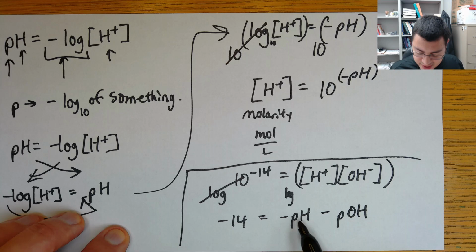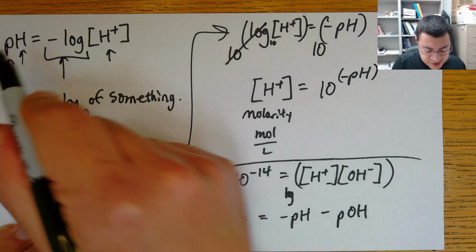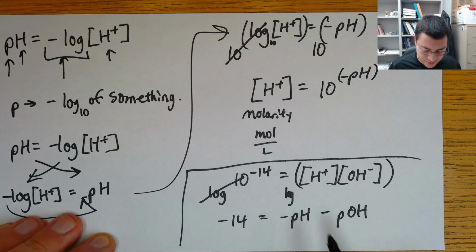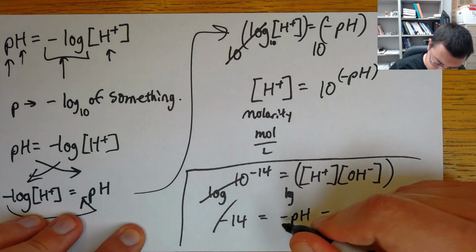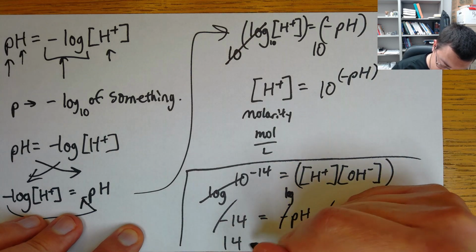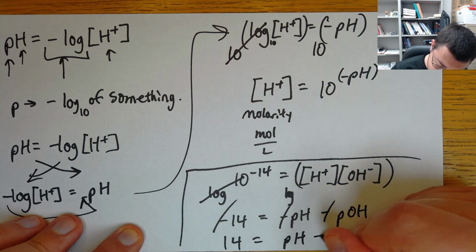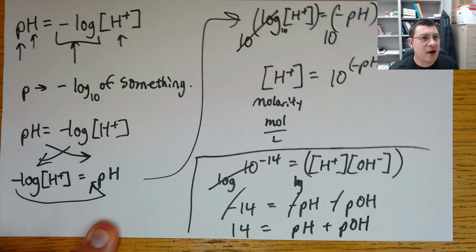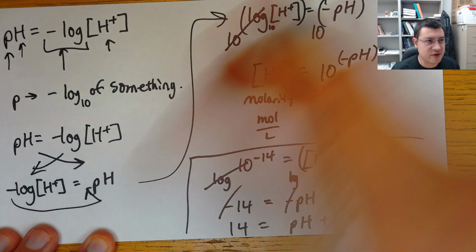Now, the reason why I put a negative there is because the definition of p is negative log of something. So I had to go out of my way to put a negative sign on each side. Kind of weird. But hey, those negatives all cancel, so everything is nice. All right, and there's probably more than one way to do these derivations.